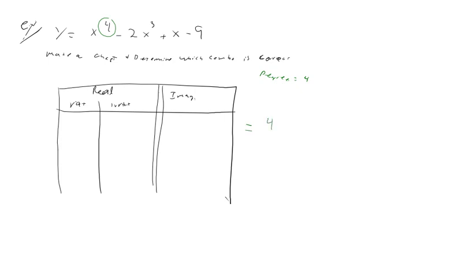What does it say on top? Make a chart and determine which combo is correct. And I know that the combinations have to equal a total of 4. So let's see what our options are. Let's see what the possibilities are. See if we can work this out.